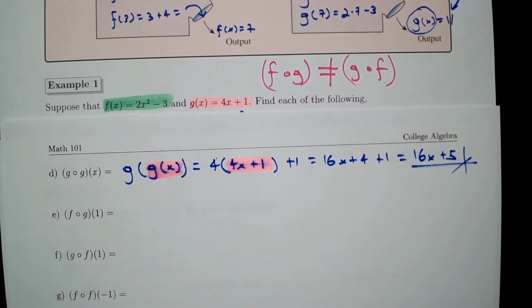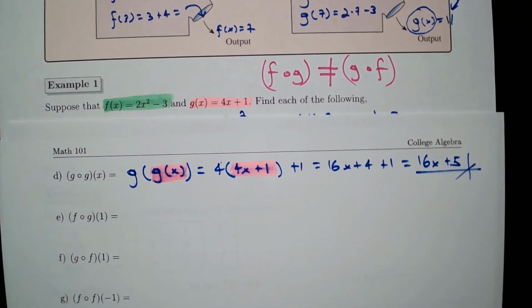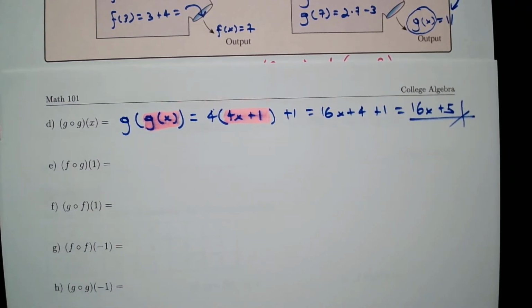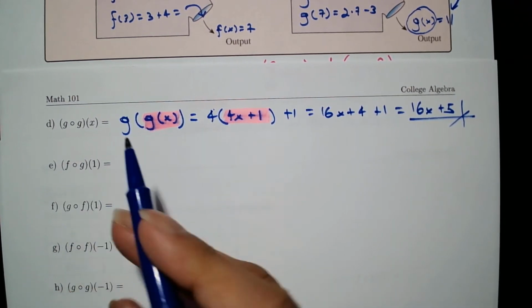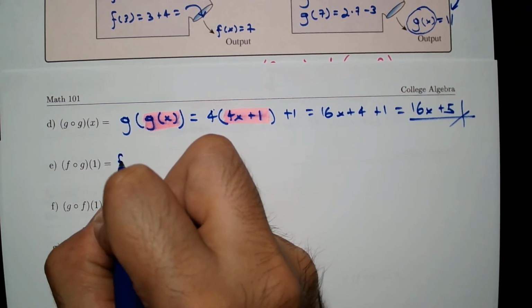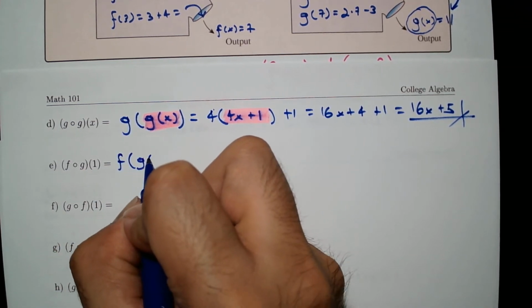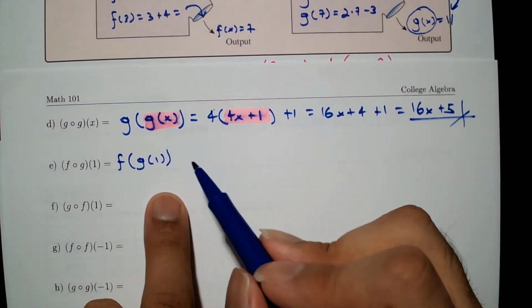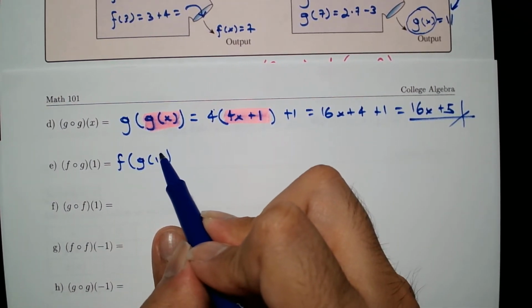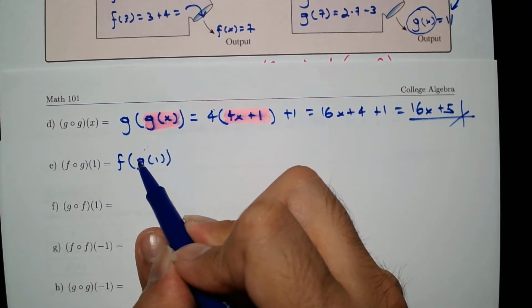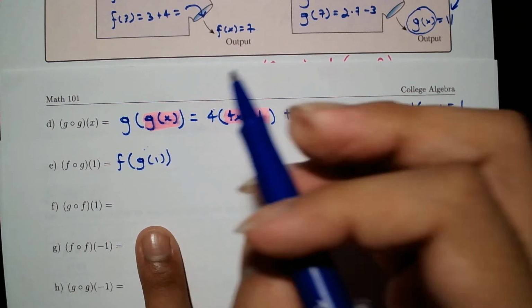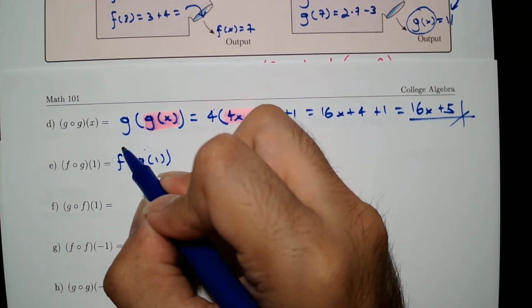Okay. So now that we have these machines, these composite functions, if you want to think of this as machines, we are going to use them to find values. So what happens? Well, when we evaluate f at g of 1, what we're doing in this case is finding the value of inputting x equals 1 first at the machine g, which is the function g, and then whatever output we get, we input it in the function f.